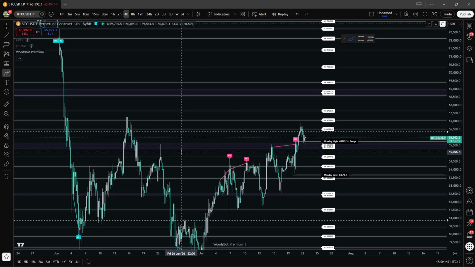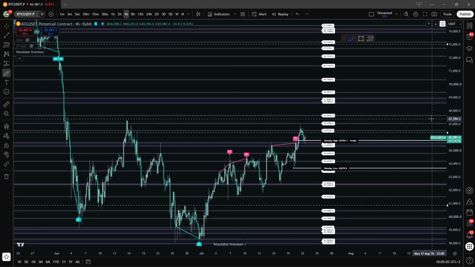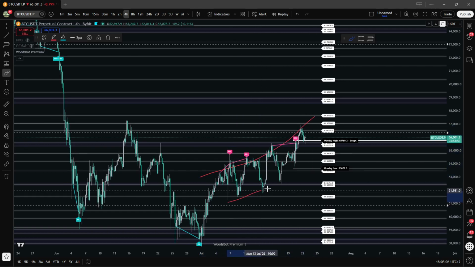And it also closed above the Monday high. So this is additional confluence, and for me, if price action is bullish, which it should be, right? Like when it comes to the 4-hour or the daily market structure, price action is in a clear uptrend, right? You have higher highs and higher lows.